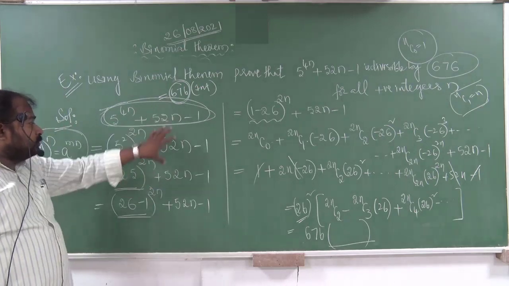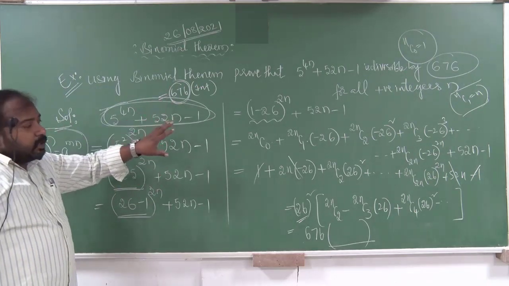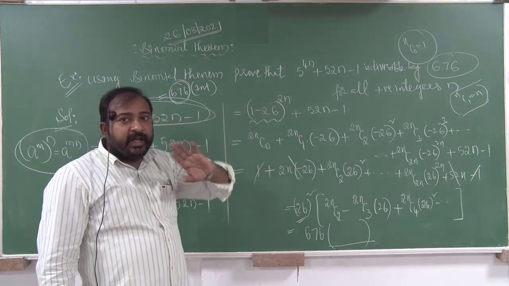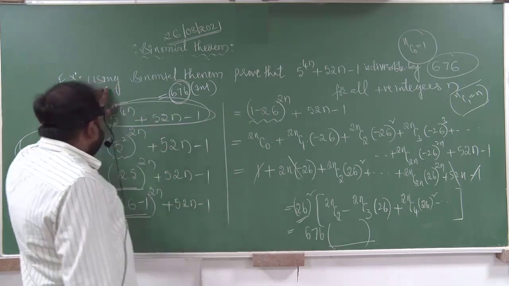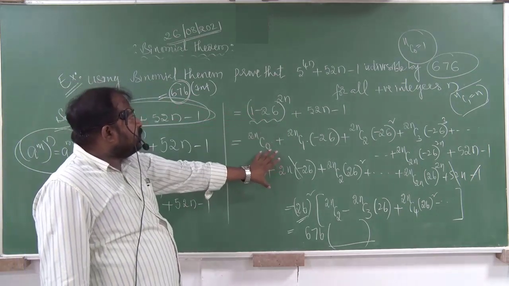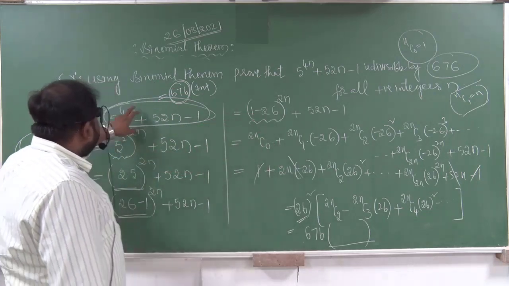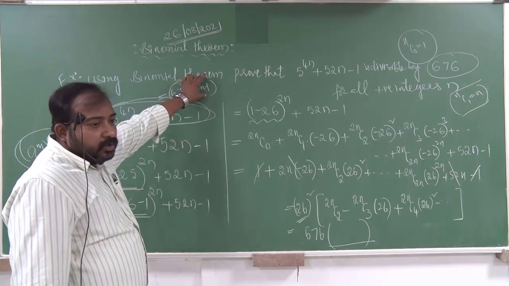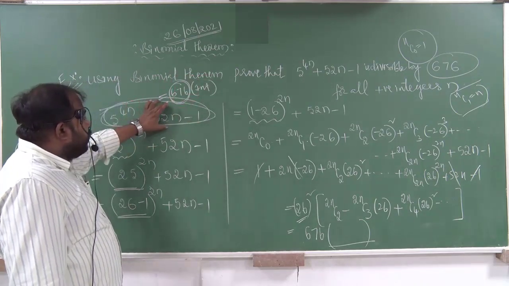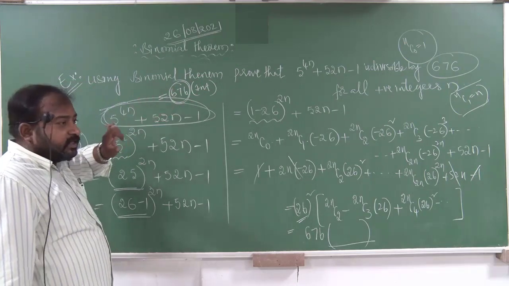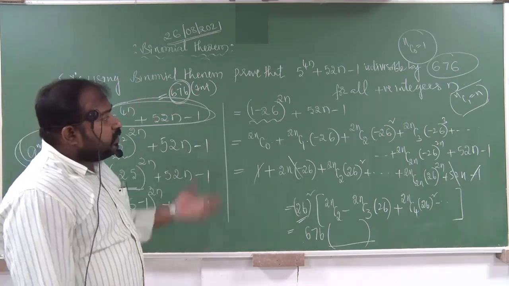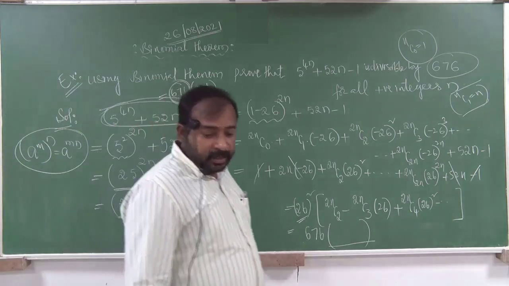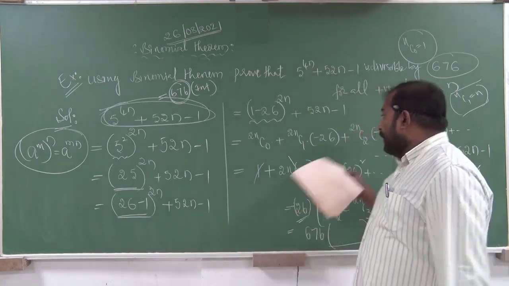And to show divisibility by 676, what formula are we using? The binomial theorem. And hence the proof. With the help of the binomial theorem expansion, we proved that 5 power 4n plus 52n minus 1 equals 676 into some integral value. The whole value is divisible by 676. What is n here? n is any positive integral value. I hope this is clear for you. Okay. Next.